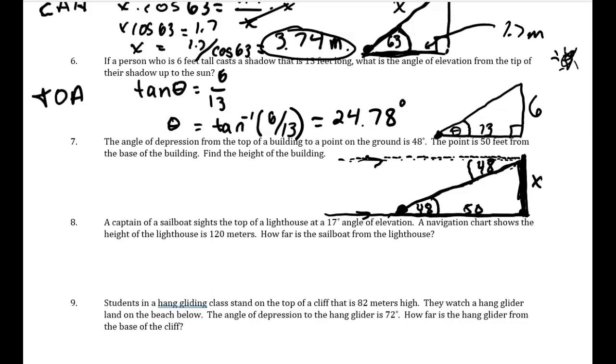And if we consider this as our reference angle now, we know the opposite side. We know the adjacent side. So it's another tangent. Tangent is the opposite over the adjacent.